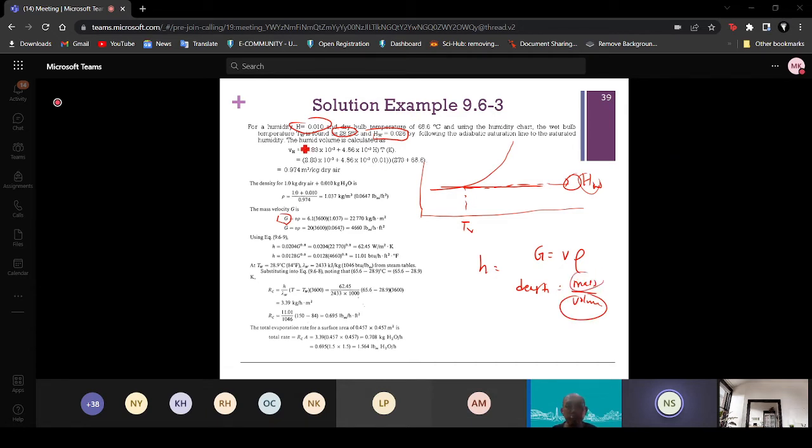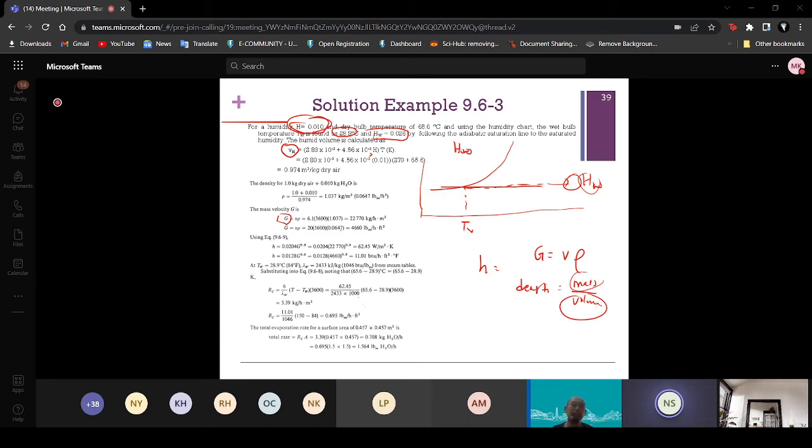So how do we find the volume? We use humid volume. This is an equation we already have, humid volume, VH. VH equal to something and H times temperature. So if the equation is written with just H, make sure you use the H that was given, not the HW you found. Okay, if it needs HW, the equation will say HW. Don't worry, they will write HW. Why did I highlight this one?